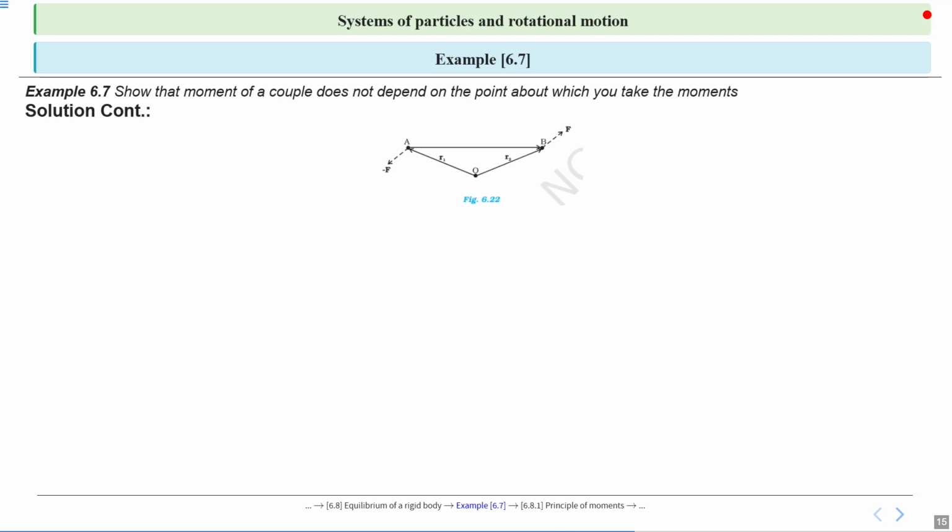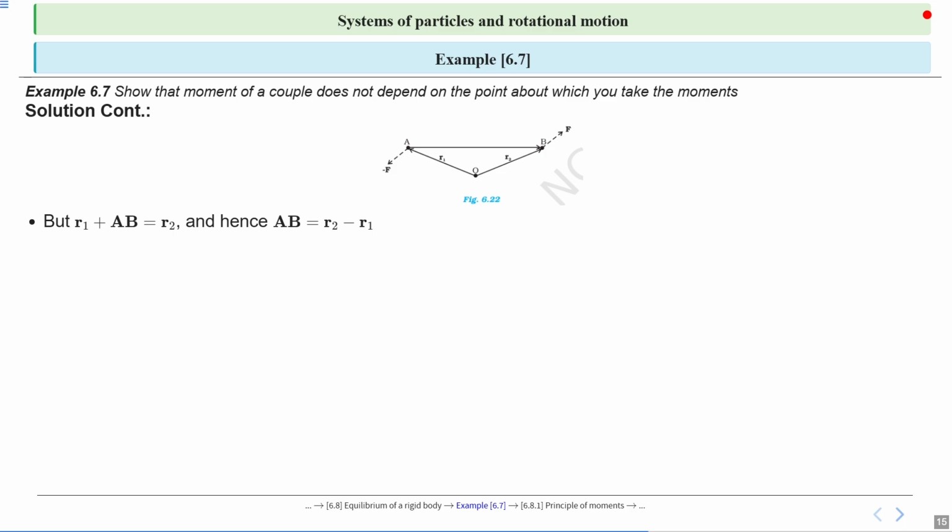But R1 plus AB, listen carefully, R1 plus AB is equal to R2. Hence, AB is equal to R2 minus R1. Yes or no? This is the displacement.